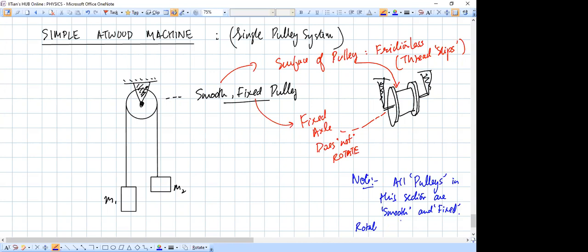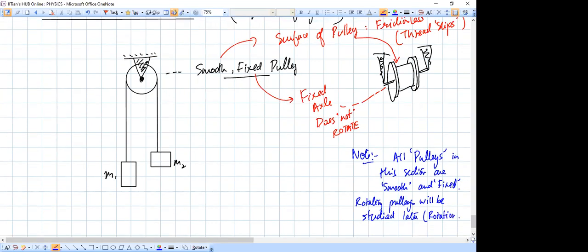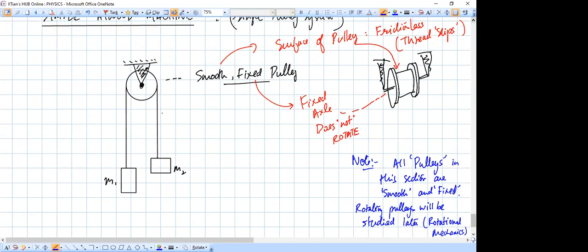Rotating pulleys will be studied later, in a chapter called rotational mechanics. So that's quite a few months down the line, so we don't need to worry. So any pulley that is given to us right now.